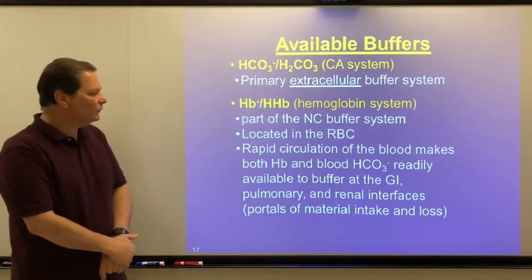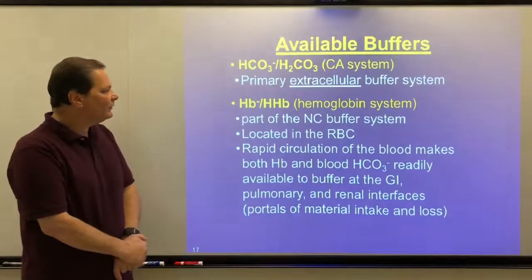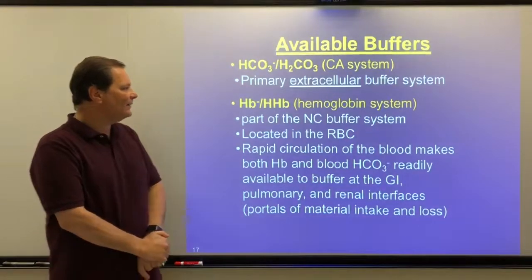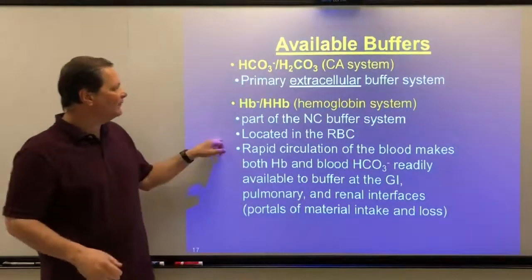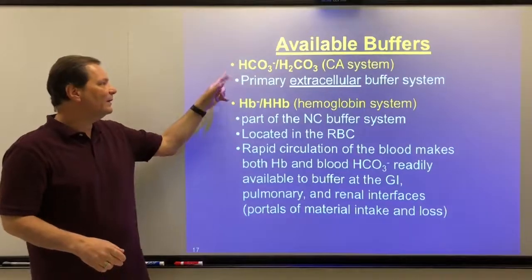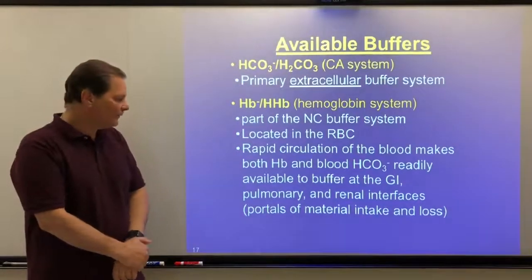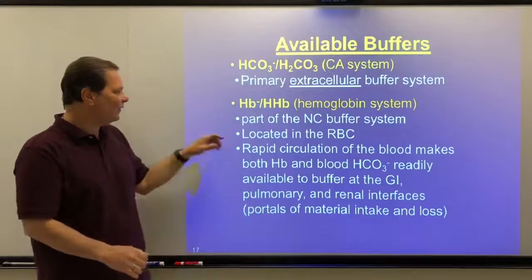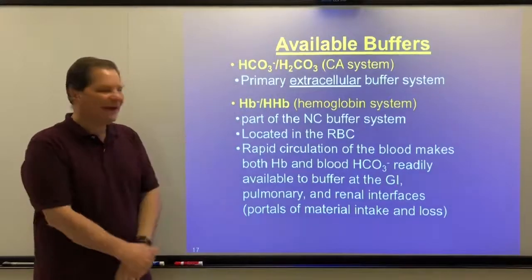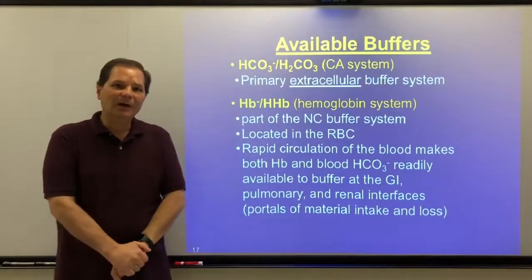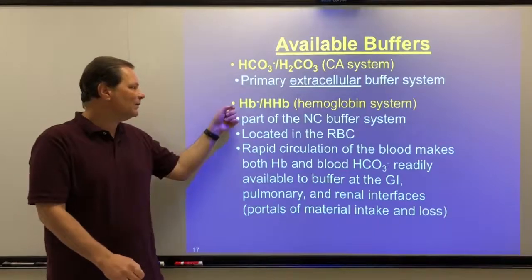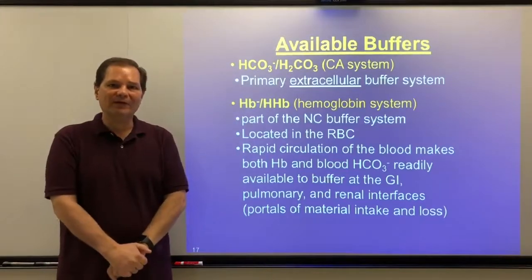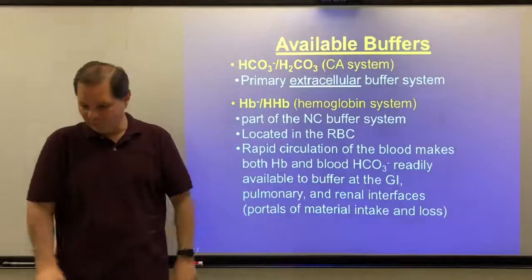Hemoglobin binds, as you know, to hydrogen ions, and that can be a fairly significant rapid buffer. It's a close second to the bicarb in terms of its overall impact. That's going to be a major buffer that we'll have to address later on in some of the later lessons here.